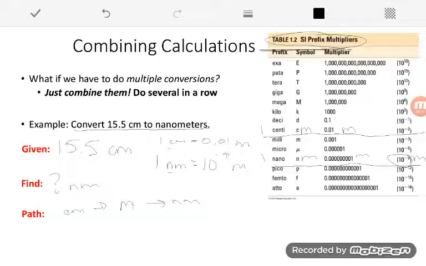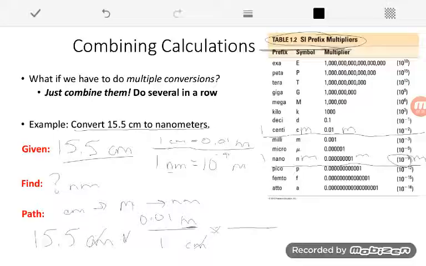So I have two equalities and a number, so I'm going to start with that number, 15.5 centimeters. Now I know my centimeters are going to have to go down here, and I can relate those to my meters. From this right here, 1 centimeter is equal to 0.01 meters. So my centimeters are going to cancel. Now I could stop here, get that answer, and then do another step, but I just like to tack them all together.